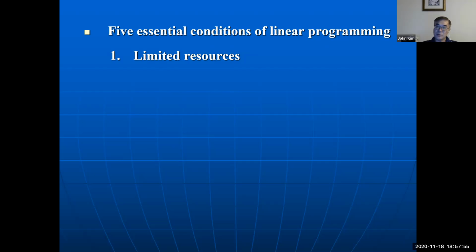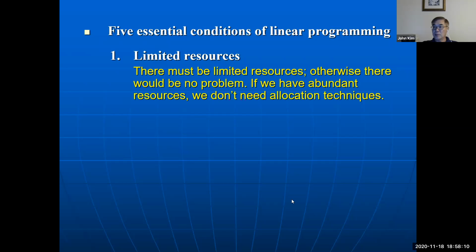If resource is enough, then we don't worry about it, so we don't need linear programming. So the first essential condition is limited resource. Like this. And then next one, explicit objective.